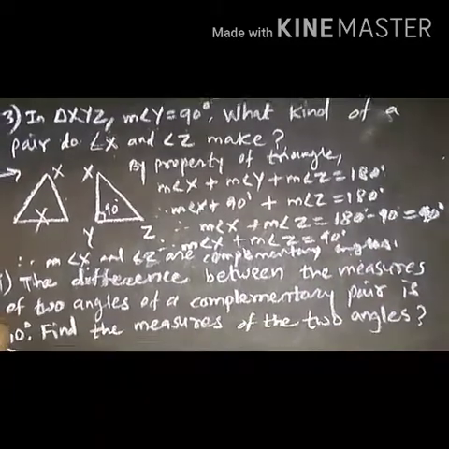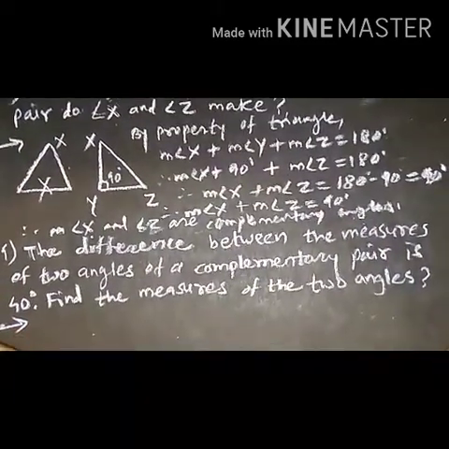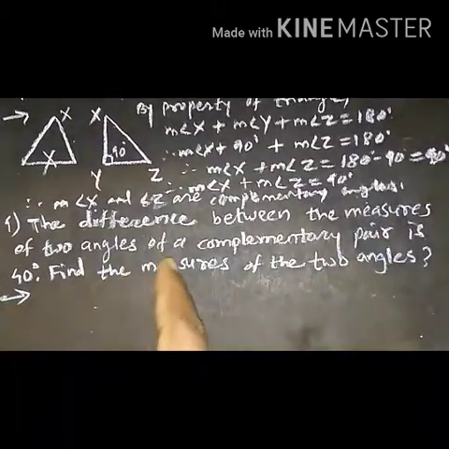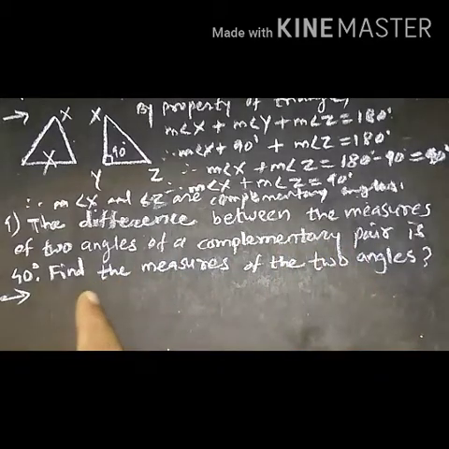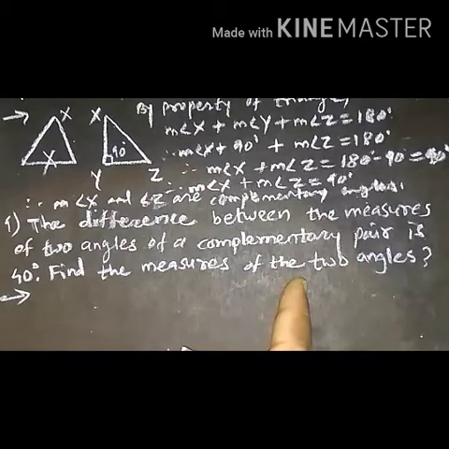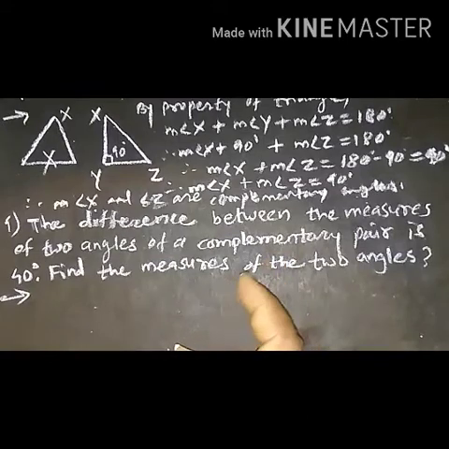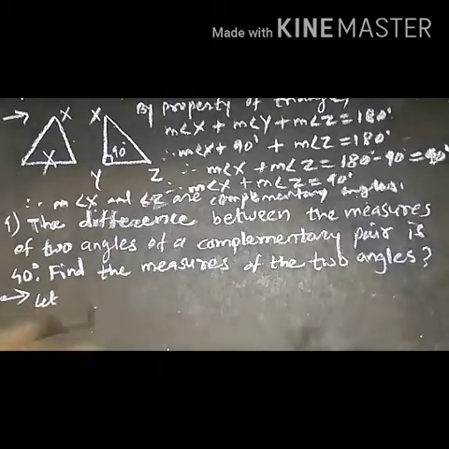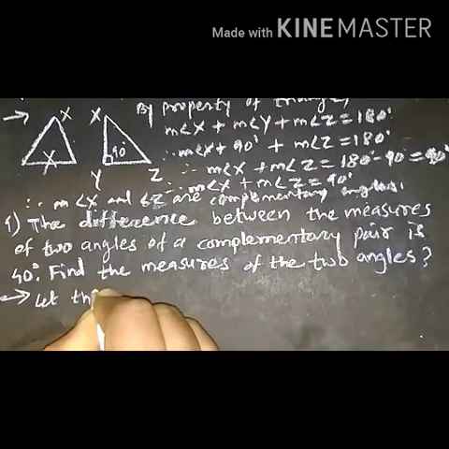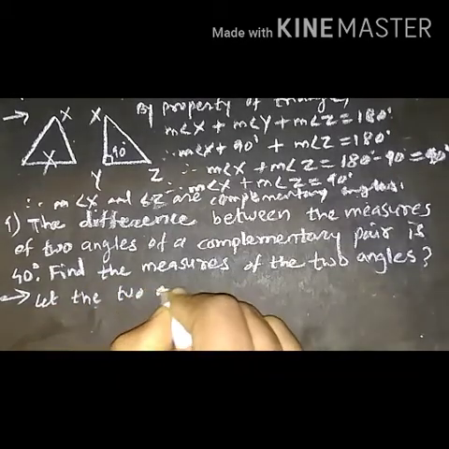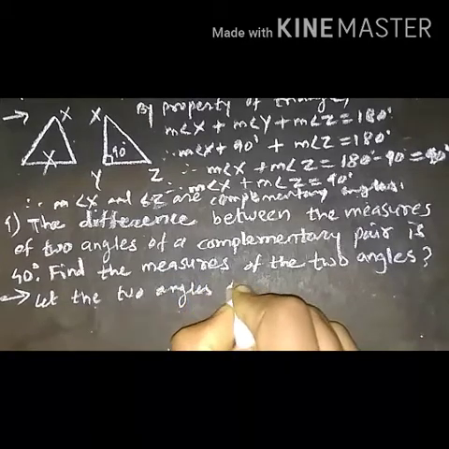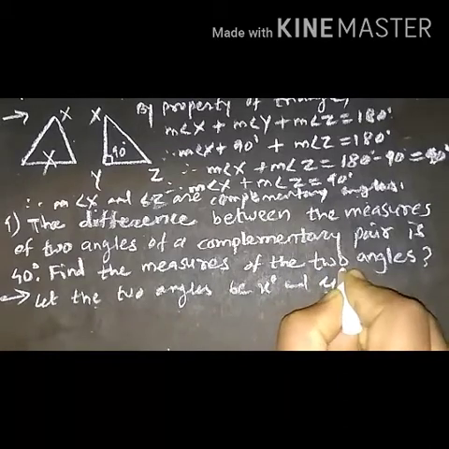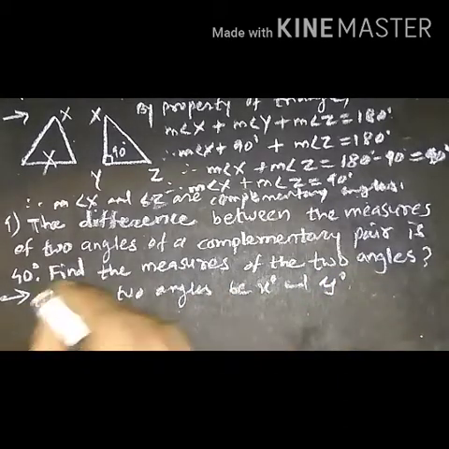Now let us see the next example, number 4. The difference between the measures of two angles of a complementary pair is 40 degrees. Find the measures of the two angles. So let's consider the two angles to be x degrees and y degrees.